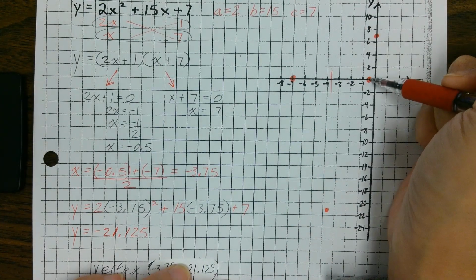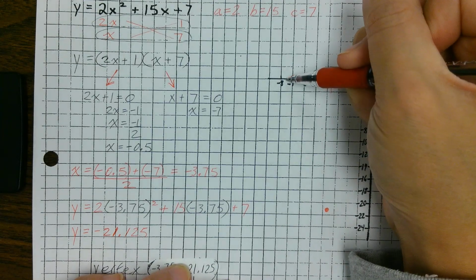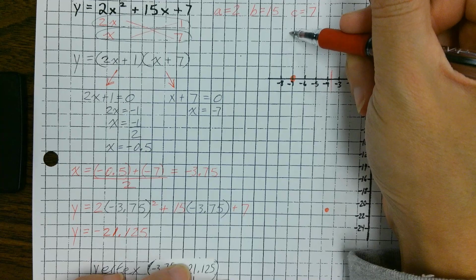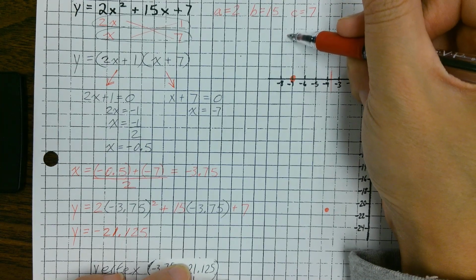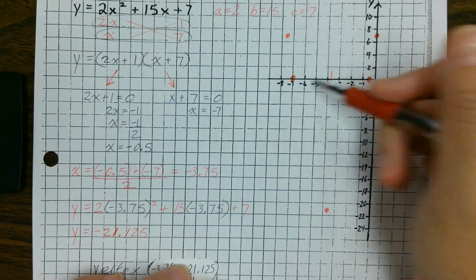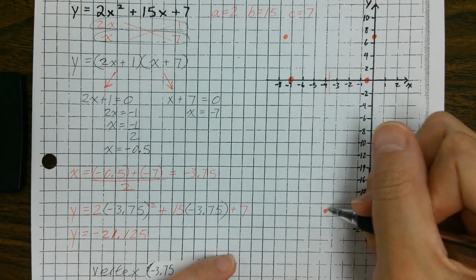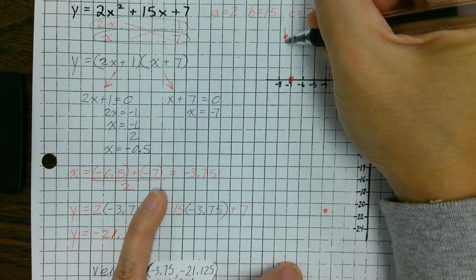So if this is 0.5 and negative 0.5, that means this side is going to be negative 7.5. So negative 7.5 and 7. Because it's symmetrical. Every point is symmetrical. And there you go. We have 5 points. That's enough. And we can draw our parabola.